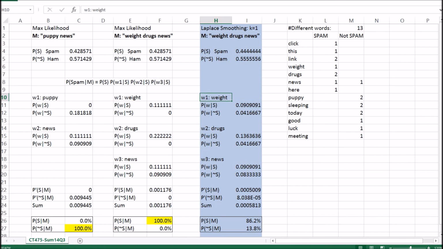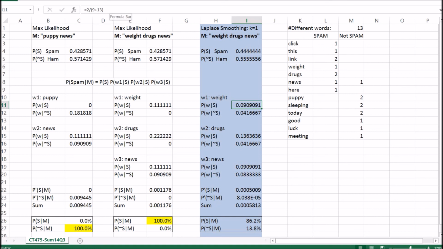For our first word, because we're going to apply this Laplace smoothing to the query of weight drug news, for the first word weight, the probability of the word weight given spam, we're going to modify that now. Again, we're going to assume that we've seen every single word once. If we've seen every single word once, there are 13 possible words, and we will have seen weight once in an actual observation and once in a virtual observation.